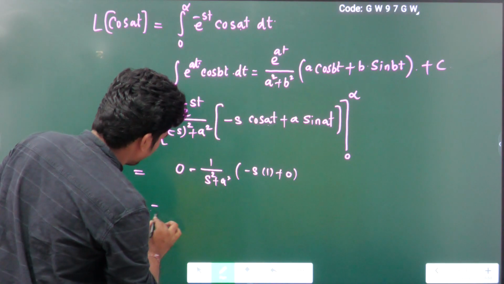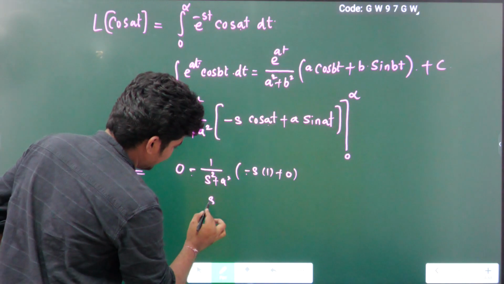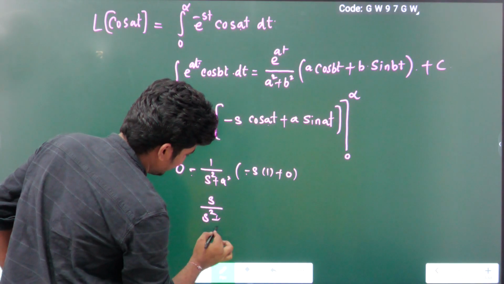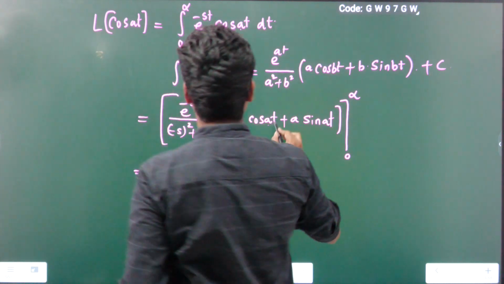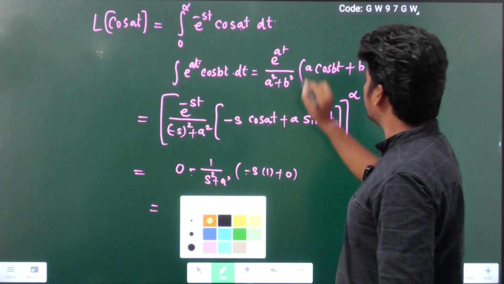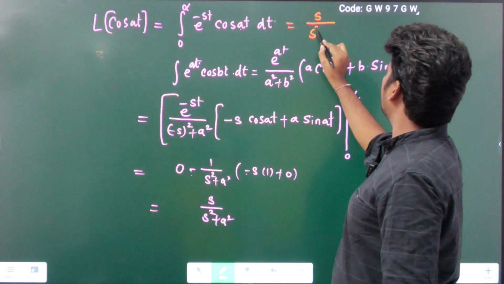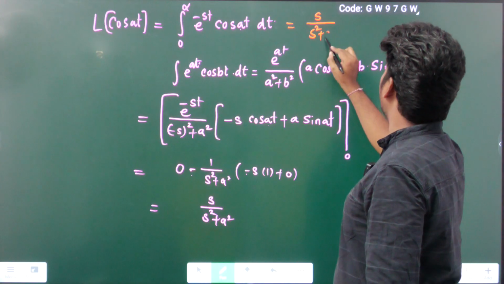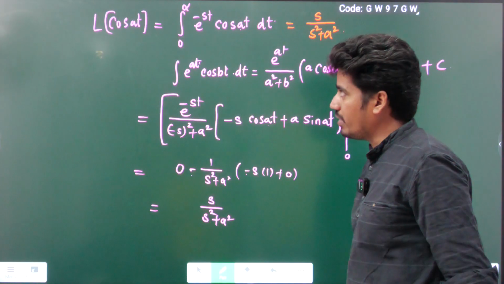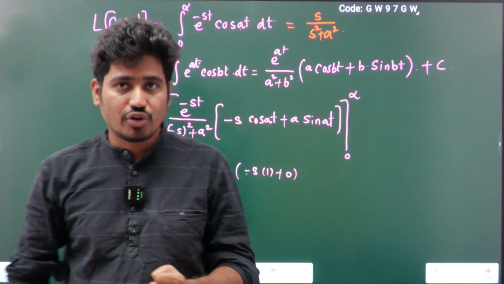This minus becomes plus, so the Laplace transformation of cos at is s divided by s square plus a square.